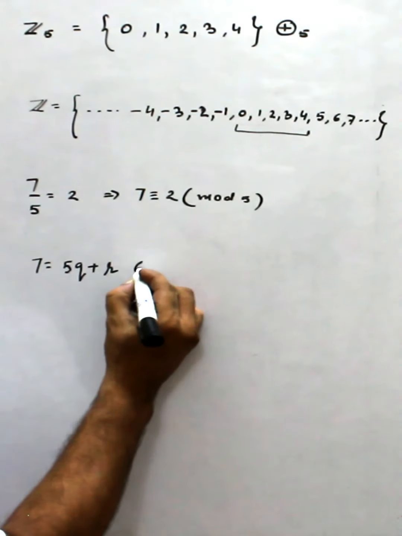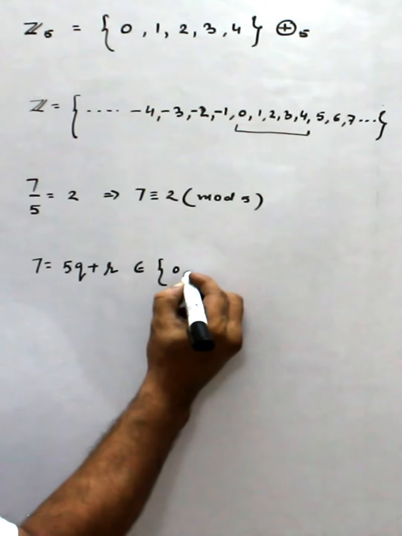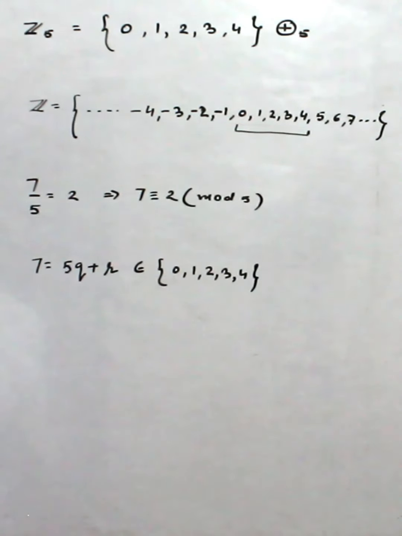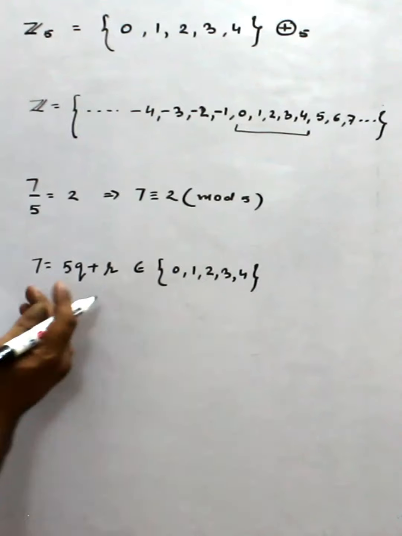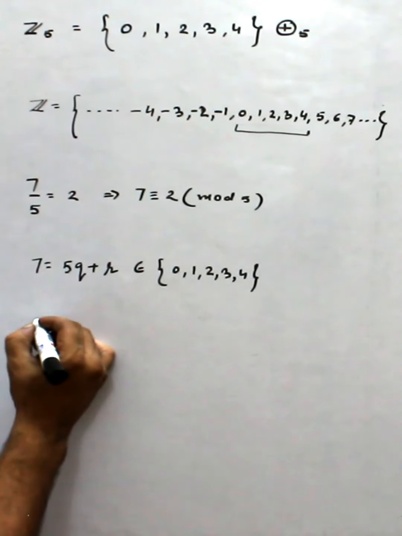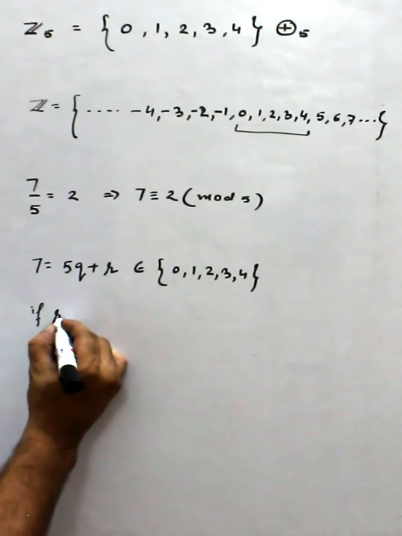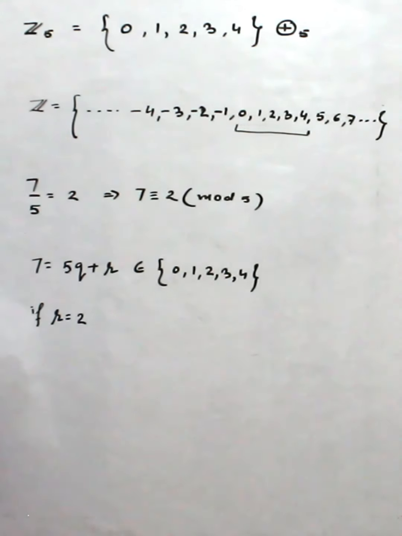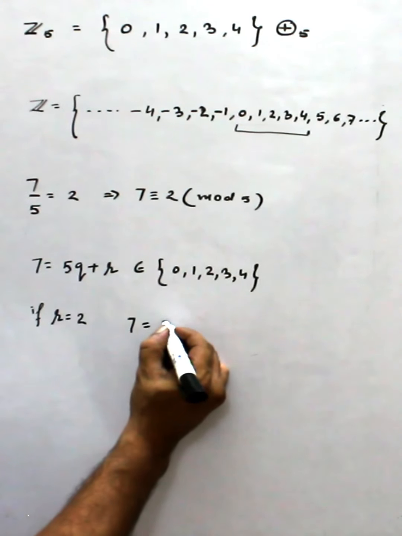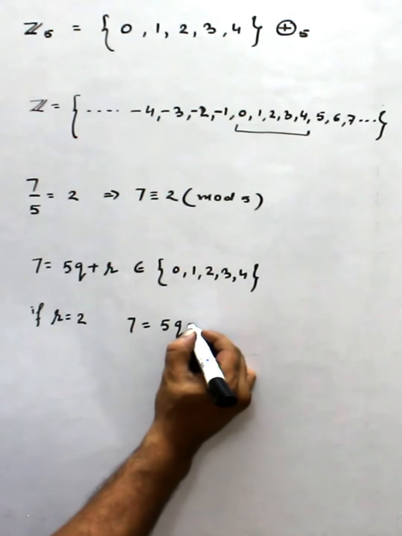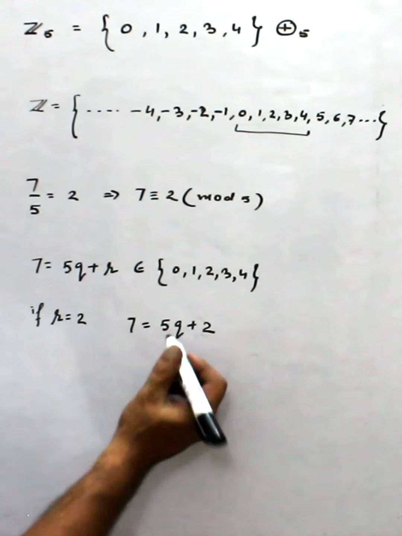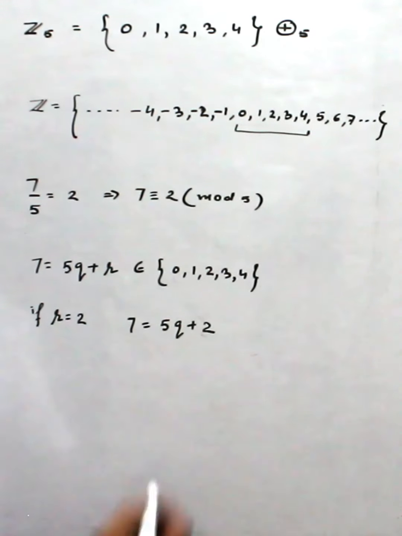Now, what choice do we have for r? r belongs to obviously 0, 1, 2, 3, 4. So if I take 0, the same argument, the fit value for r is 2. If r is 2, then this equation becomes 7 is equal to 5q plus 2, and q I take 1.